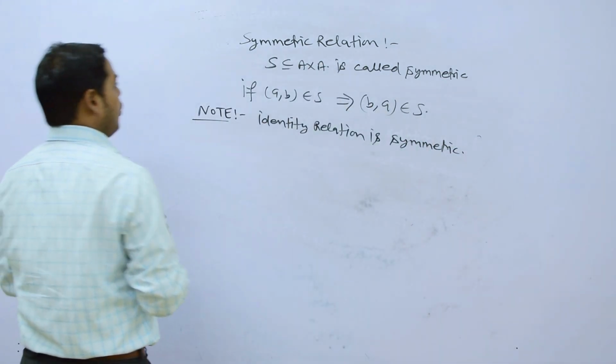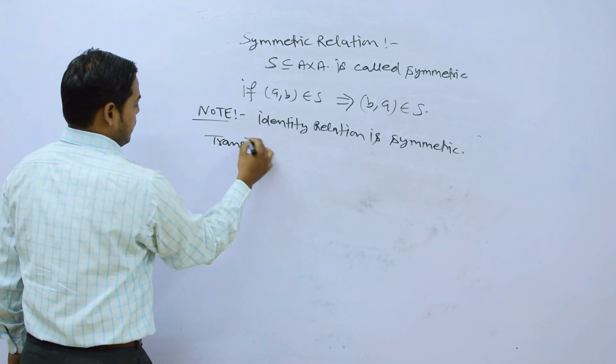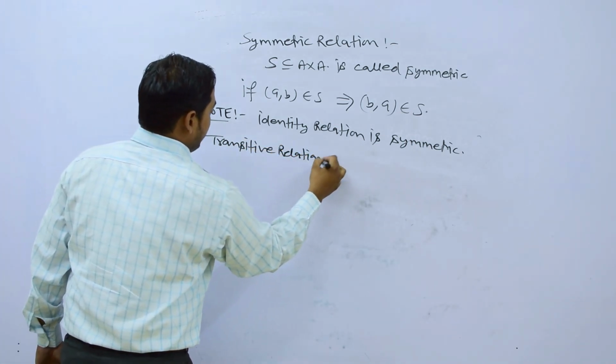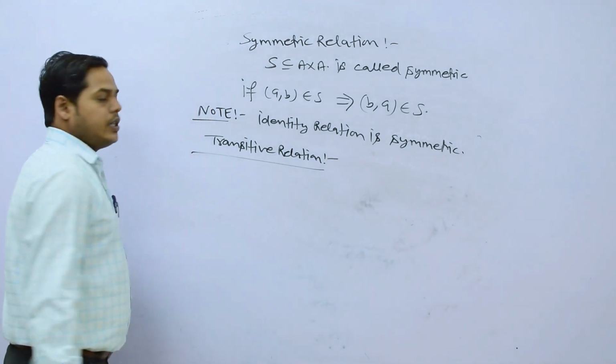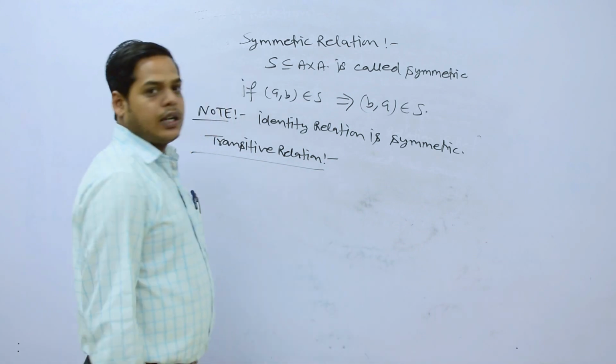Now we know transitive relation. To define transitive relation, the set must contain at least three members. Otherwise, transitivity automatically holds.